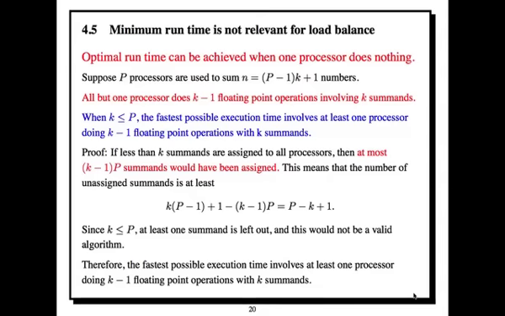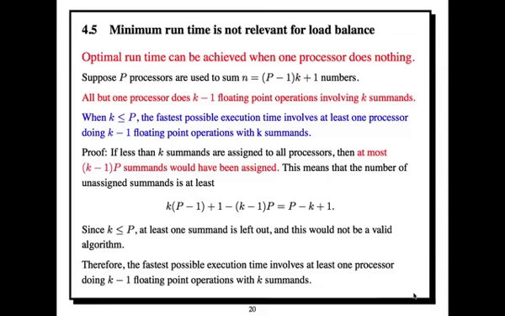So I want to claim the optimal time can be achieved when one processor does nothing. We'll sum n numbers, our simple summation problem, and I'll choose n to be the number of processors minus 1 times some number k, plus 1. One algorithm would be to have all but one processor do k minus 1 floating point operations with k summands.